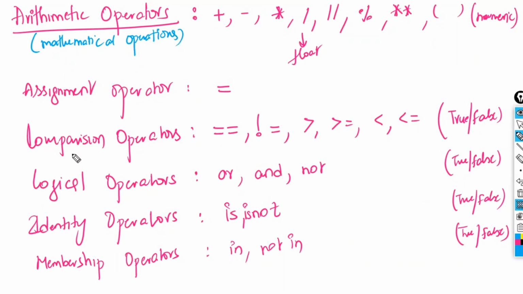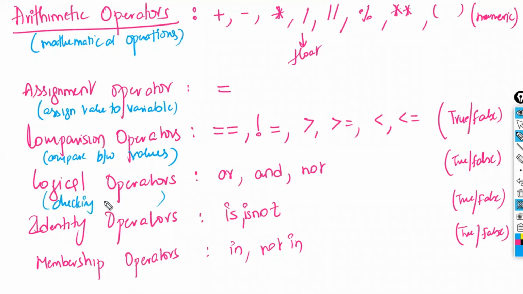Next, assignment operators means assign the value to a variable. Comparison operators means compare between values, not between the data types. Logical operators means check the conditions, whether all the conditions are satisfying as per the operator.